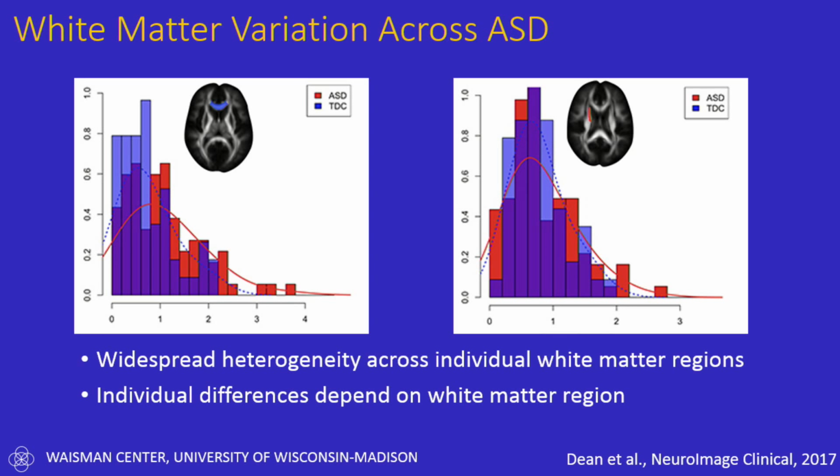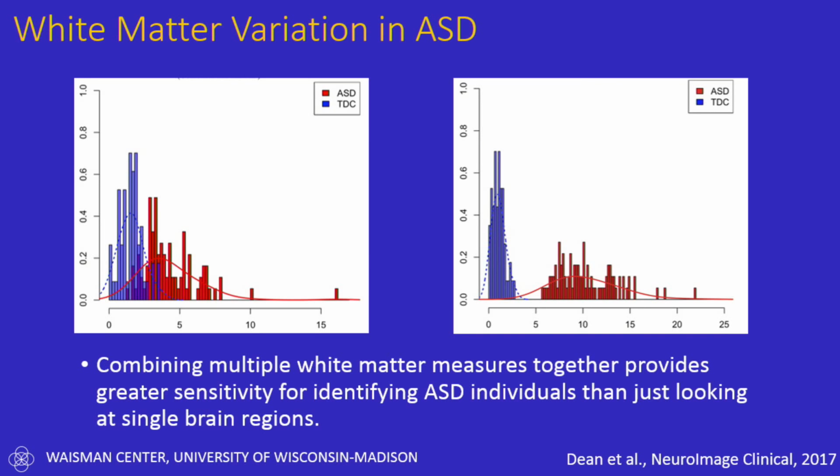When we start to tally up different white matter measures across different brain structures, we then begin to be able to separate out those who are typically developing from those who have autism spectrum disorder.